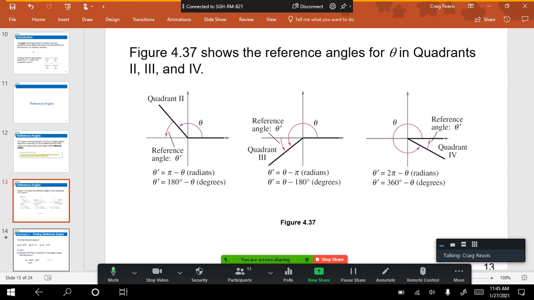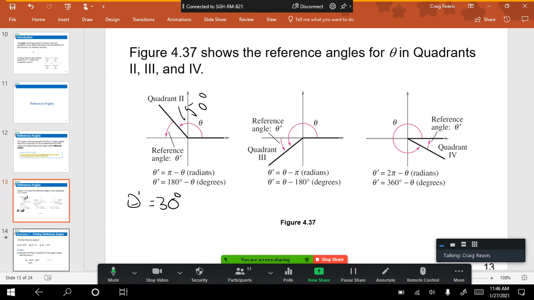Or if we're using radians, which you're going to have to use more often in your assignment, it is pi minus whatever the angle is. So if this is a 150 degree angle, to find the reference angle, I take 180 minus 150, and so my reference angle, theta with apostrophe, is 30 degrees.